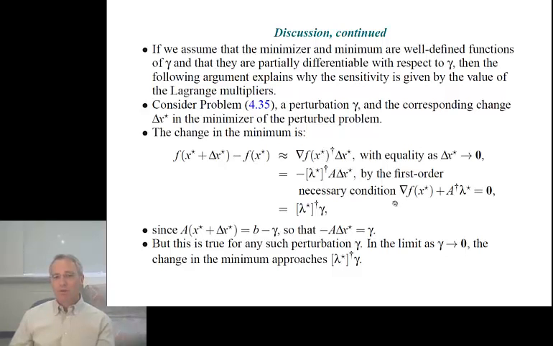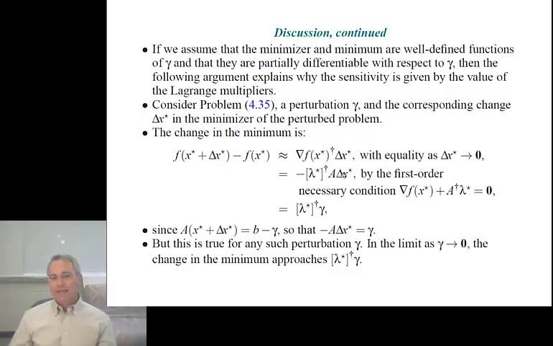Well, the first order necessary conditions tell us that the gradient of f at x star, in other words, at the base case problem where gamma is equal to 0, plus A transpose lambda star adds up to 0. So I can substitute gradient of f transpose delta x by minus lambda star transpose A delta x.